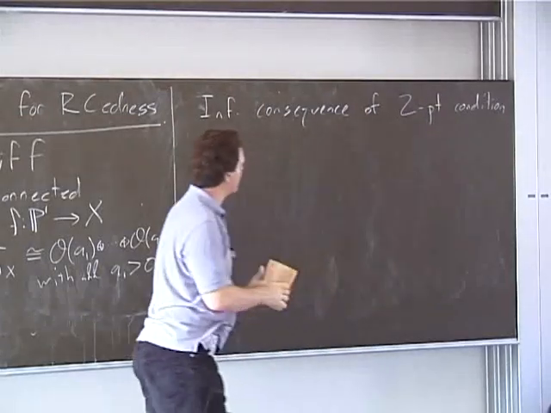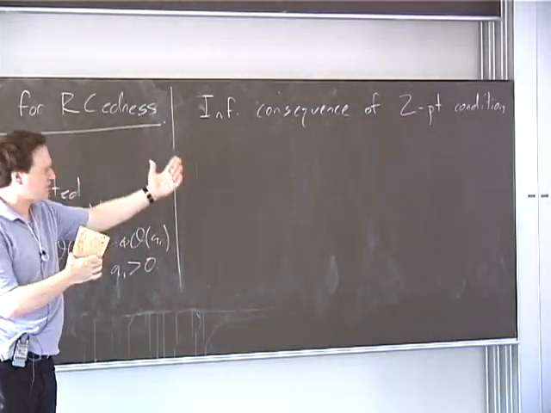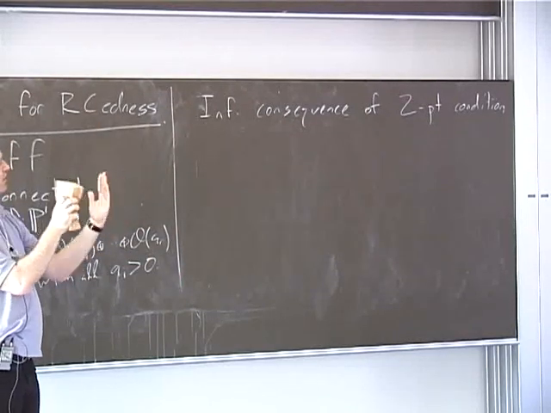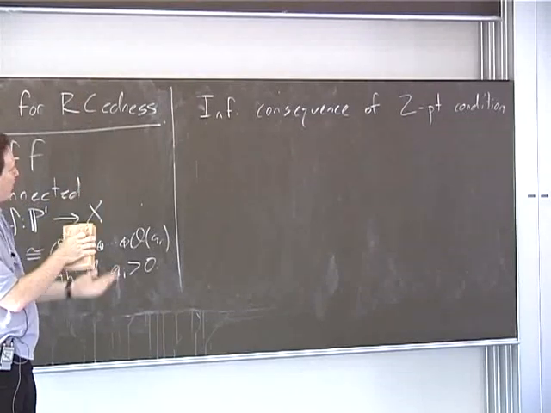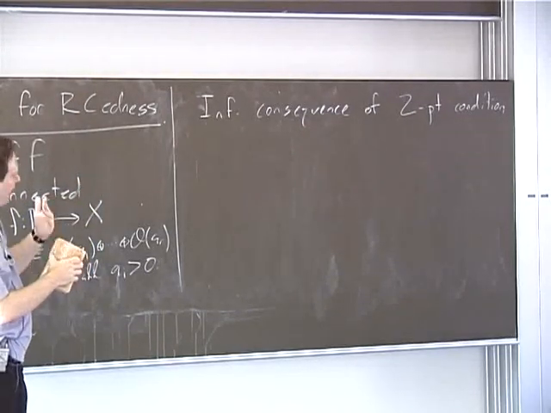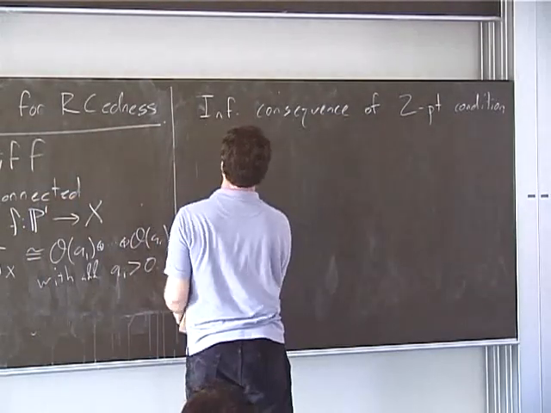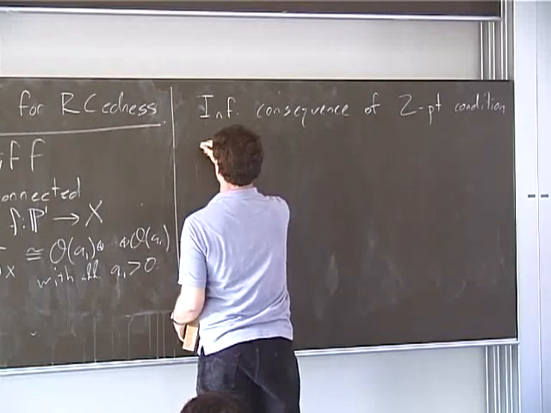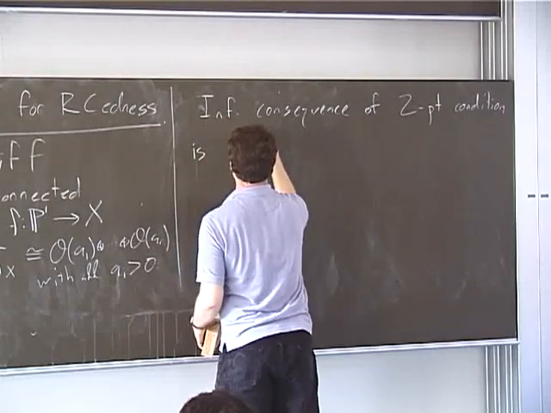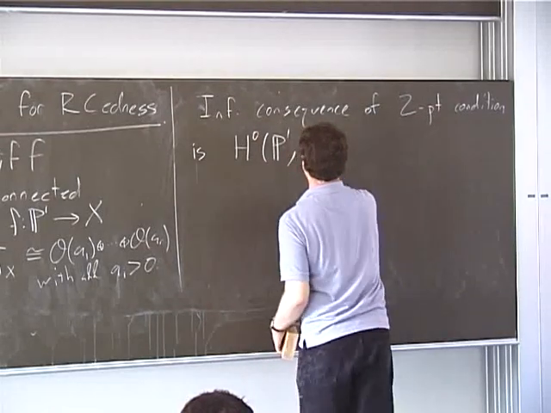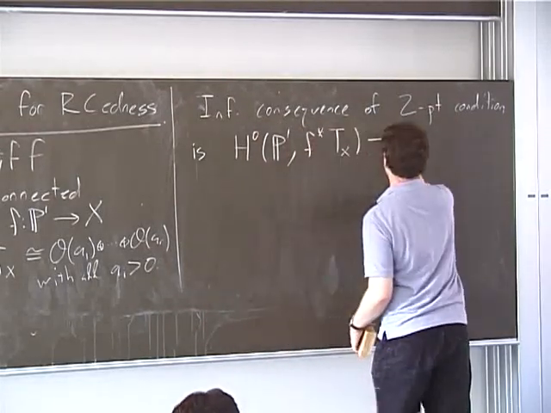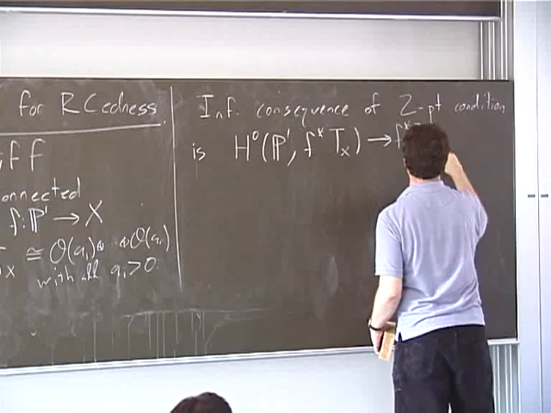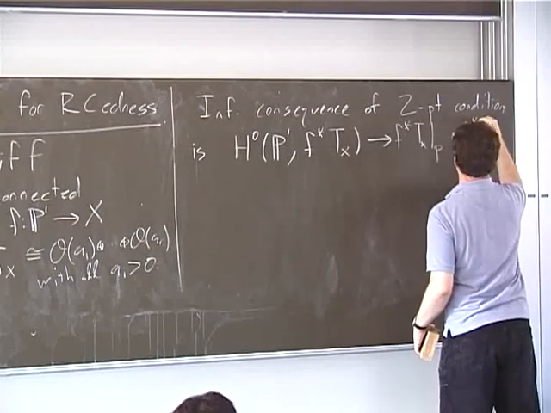So if you move your curve to first order, that means if you have a one-parameter family of curves, and you look at one of the fibers, and you look at the derivative of that one-parameter family, what that is, it's a normal vector field on the curve, or equivalently, it's a tangent vector field on the curve. So it turns out that the infinitesimal consequence of this two-point condition is that the map from the pullback to just evaluating at these two points, so evaluating at P and evaluating at Q, is surjective.